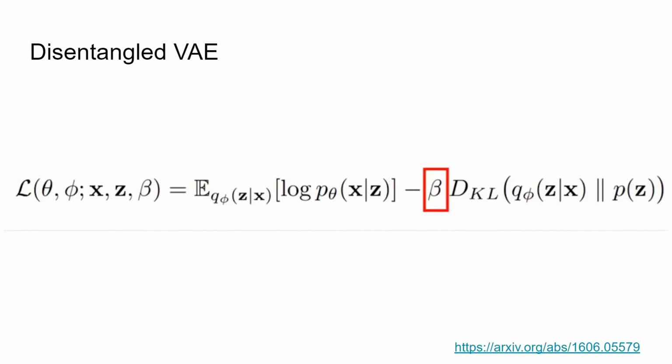Wait, is this just describing the divergence within the hidden space? Sorry, just real quick. I'm sorry, I'm confused. Okay, let me go back to it quick. So you know the regular variational autoencoder, right? This is the regular one.